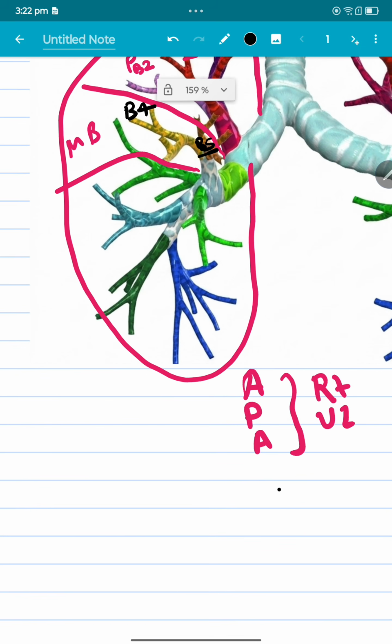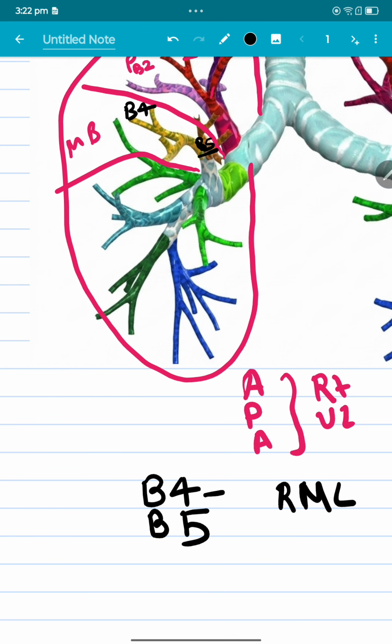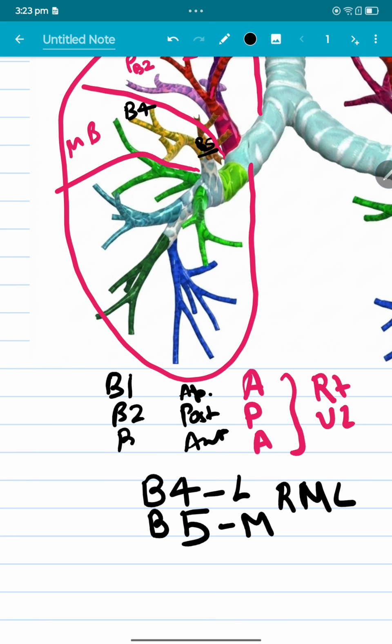So in the right middle lobe we have B4 lateral and B5 medial segments.